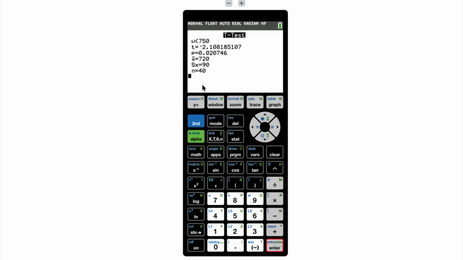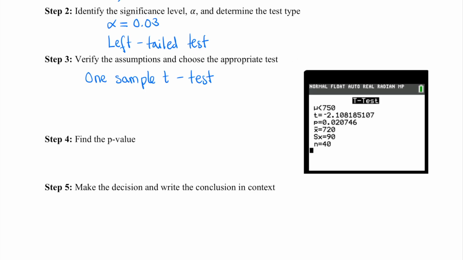And this is our result from the calculator. From this result, we get the test statistic and the p-value. If the question asks for the test statistic, this is the answer. If the question asks for the p-value, this is the answer.